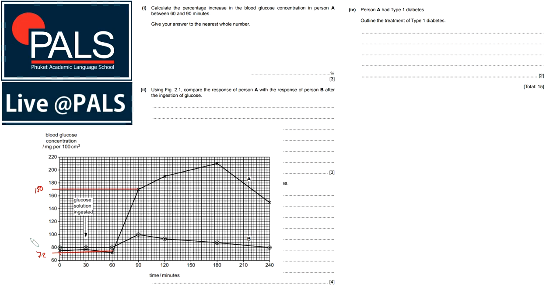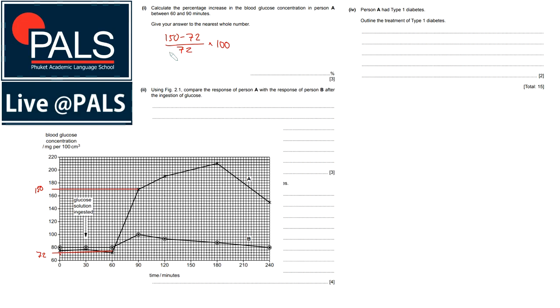Yeah, say 72. So percent increase, that means we find the difference by how much it increased. So final value minus initial value, and we divide this by our starting value, which is the 100%, and we multiply this by 100.